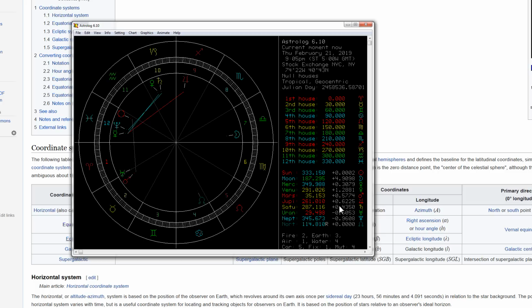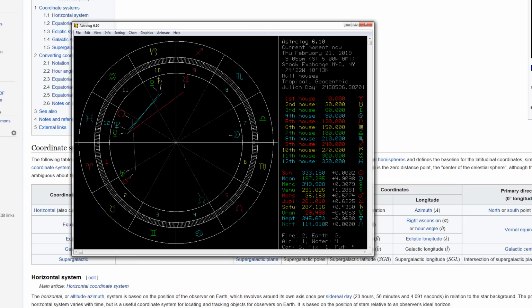But since we live on Earth, we base it on our relationship with Earth and the Sun, and all the other planets are compared to that relationship. So these latitude numbers are how many degrees the other planets are above or below that plane created by the relationship between the Earth and the Sun, and we never get more than a few degrees above or below it.